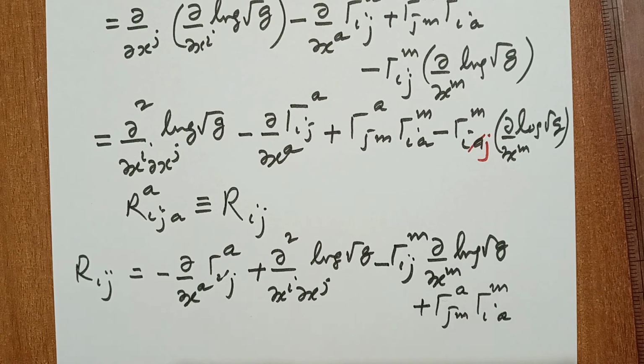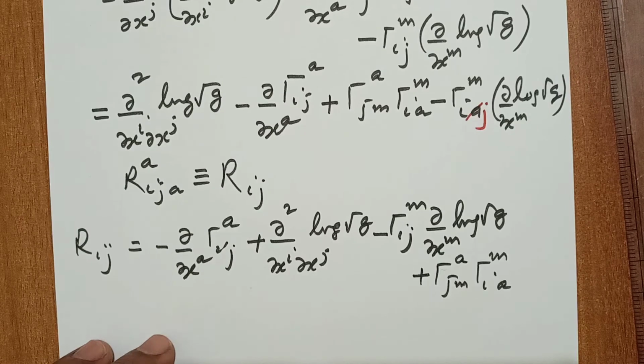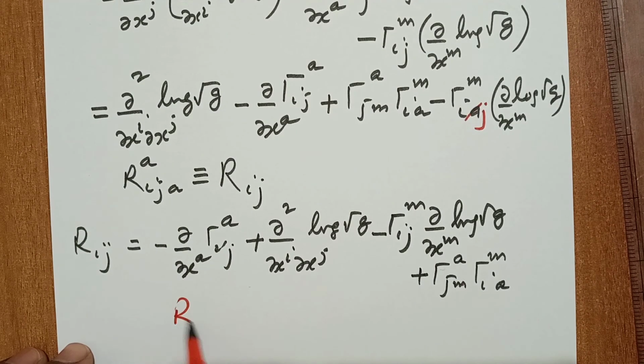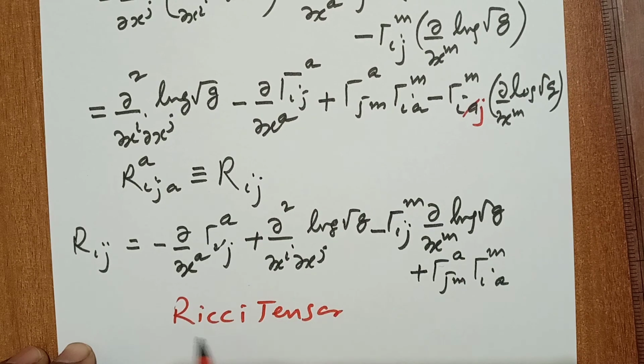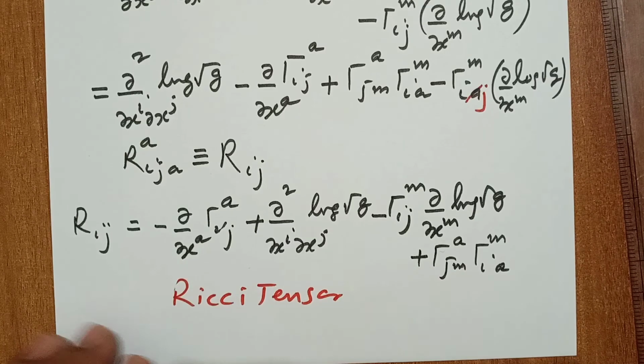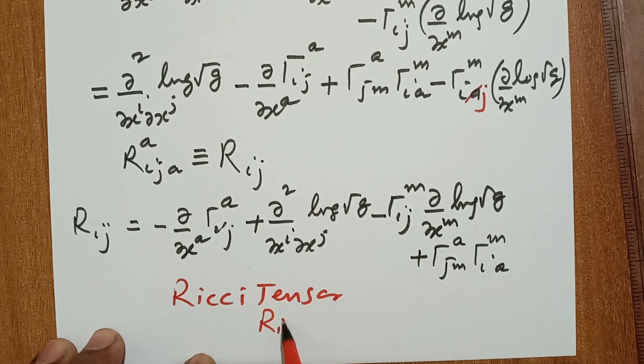So this is correct, and this is called the Ricci tensor, a very important tensor. It is symmetric, meaning R_ij is equal to R_ji.